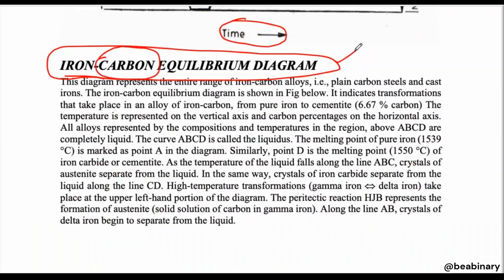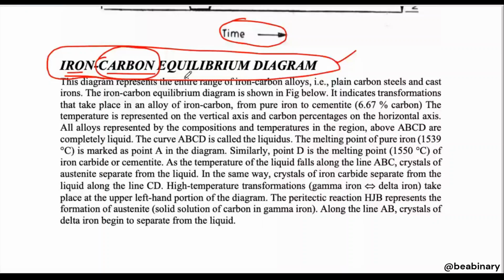And what kind of alloy? The iron carbon alloy. Iron is the main solvent and carbon is the solute. How their composition at different temperatures gives different phases is going to be discussed in the phase diagram. What does a phase diagram mean? You have the temperature, and as you reduce or increase the temperature, you get different phases.